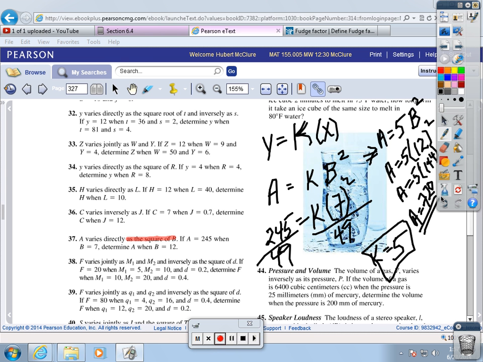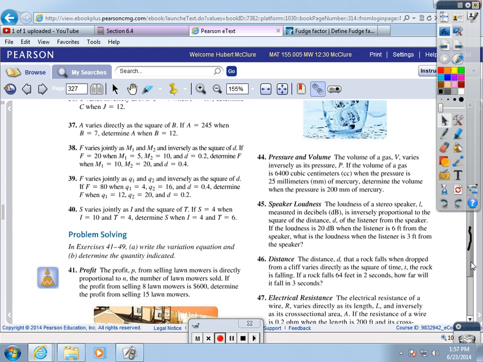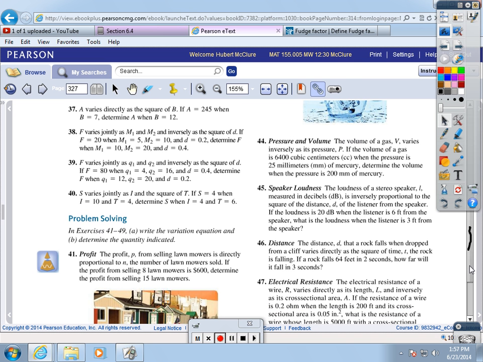I really just want to do one that's a little bit different. Hold on just a second. Okay, let's do 40, because 40 has fewer variables. And I'd rather do 40 first and then do 38 and 39.